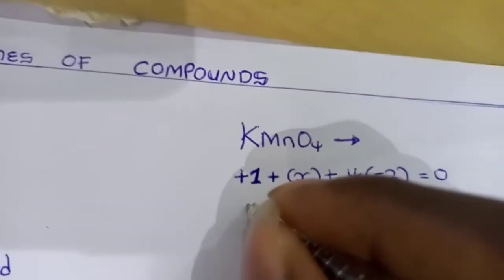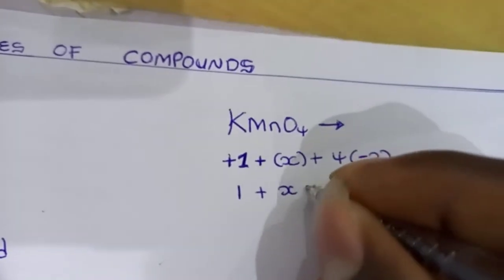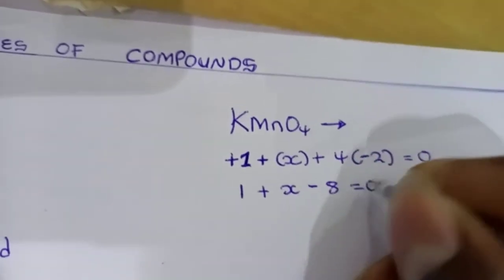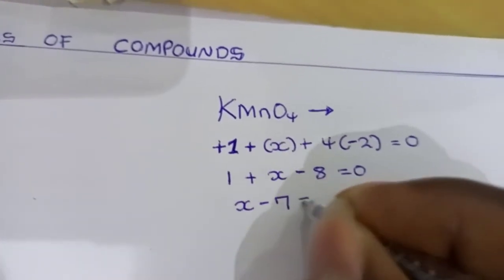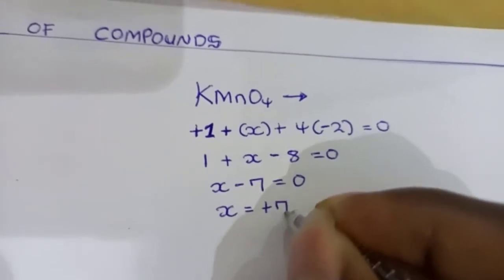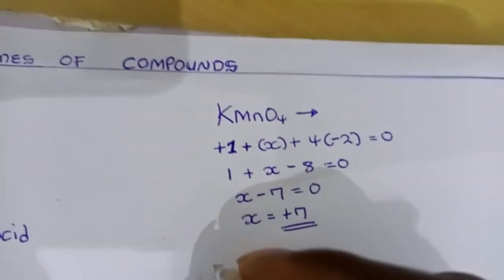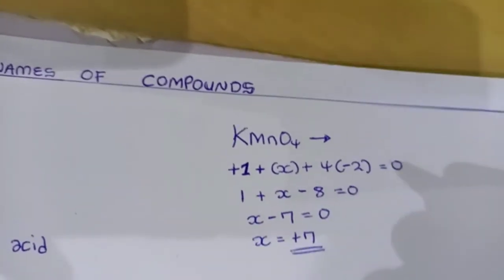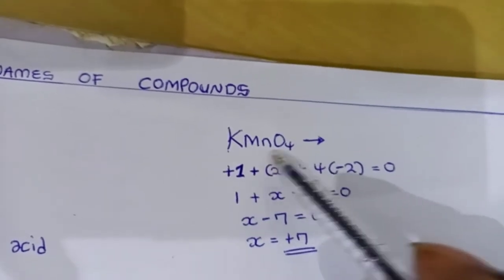So 1 plus x minus 8 equals 0. So x minus 7 equals 0. X equals plus 7. Let's get straight to the naming now. When naming inorganic compounds, you name the cation first before naming the polyatomic ion.